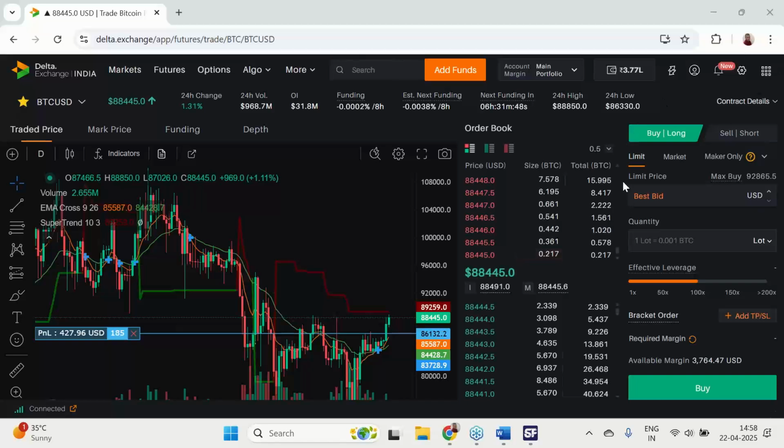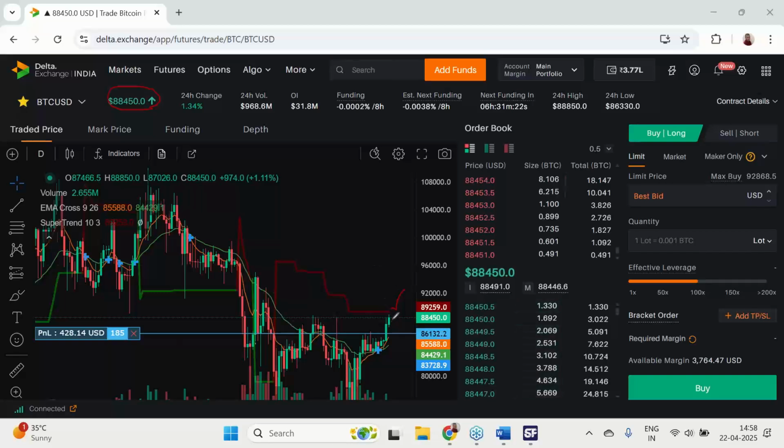Whatever technical things we are utilizing here, you can see Bitcoin is at 88,449, and there is a super trend I have put here, telling 89,259.